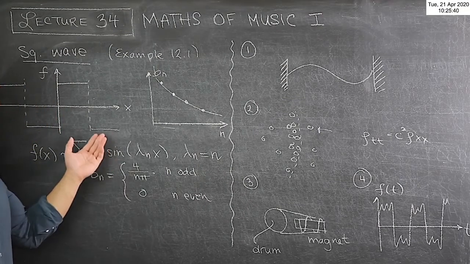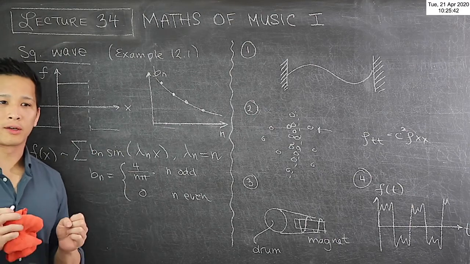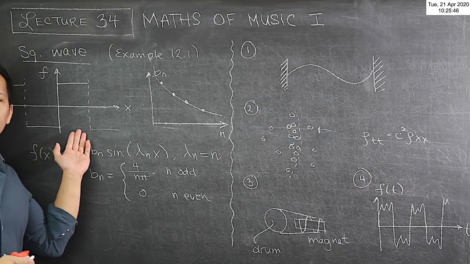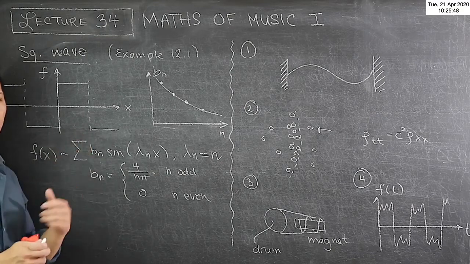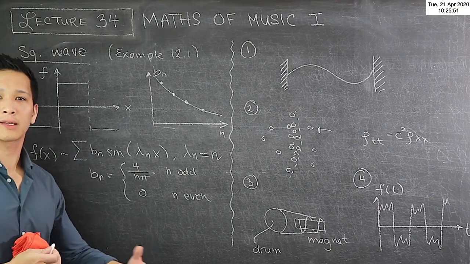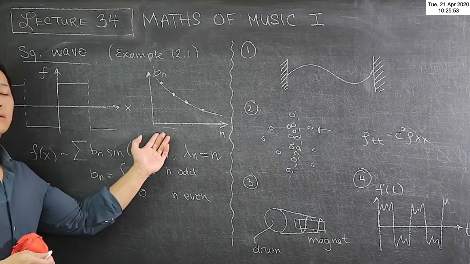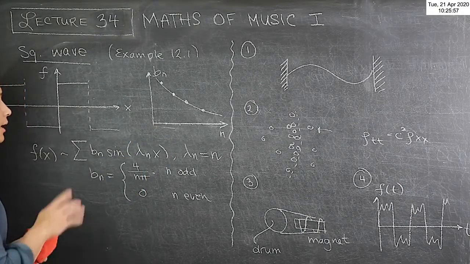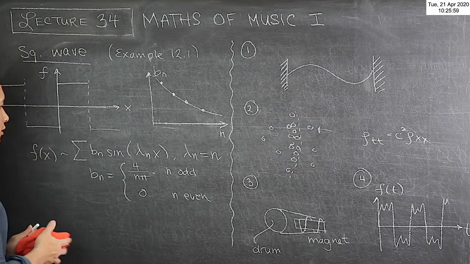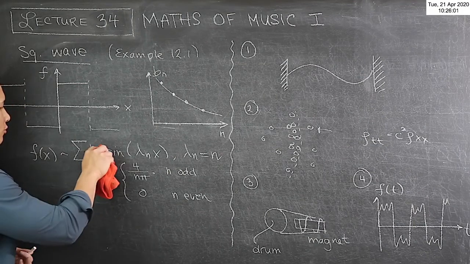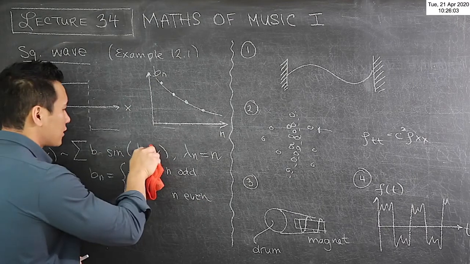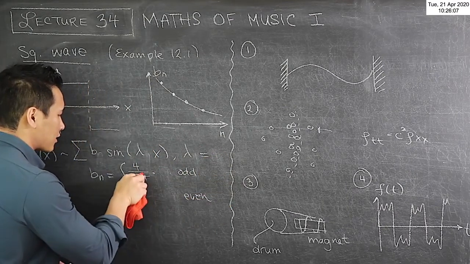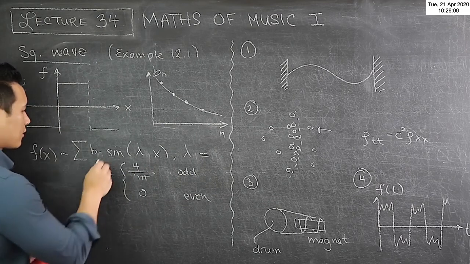Okay, so this sets up a very interesting and powerful correspondence. On the left here, you have real space. You imagine waves in space, x and f. On the right, this is what's called Fourier space, or the spectra. I'm going to change the notation a little bit here, just so it's more typical with what's used. Instead of n being my index, I'm just going to call it k.